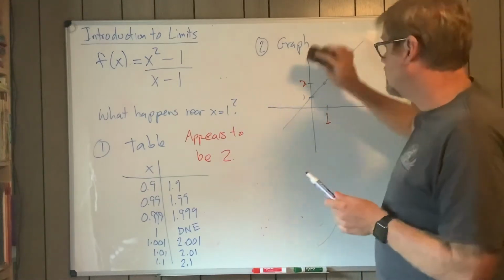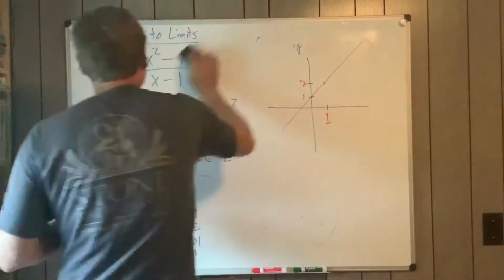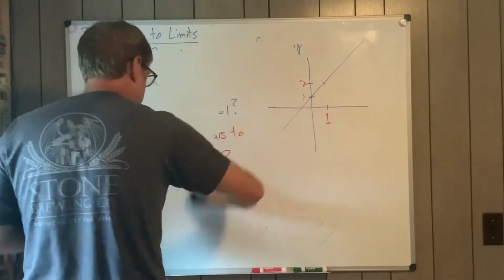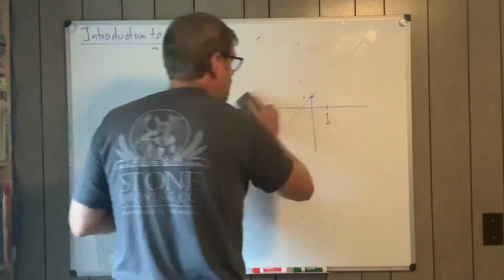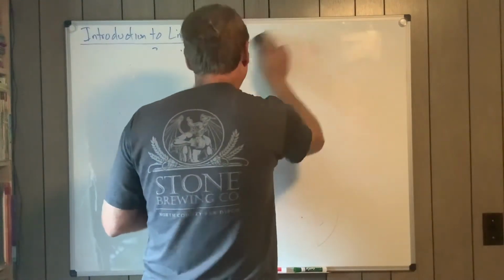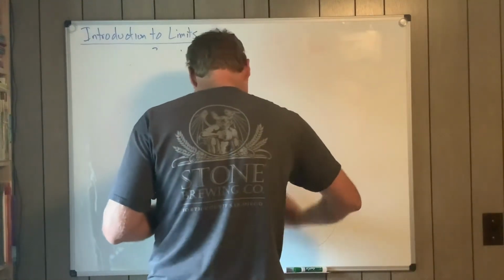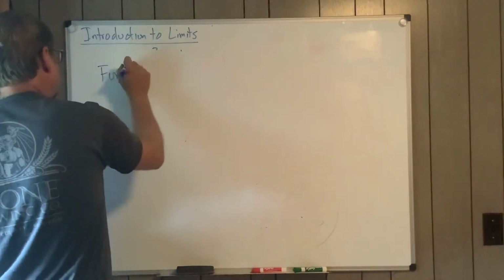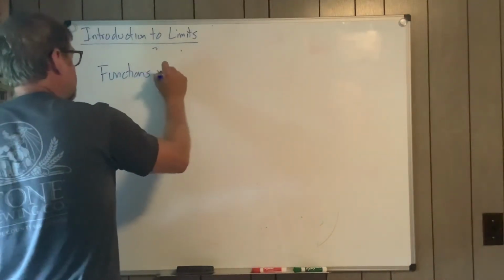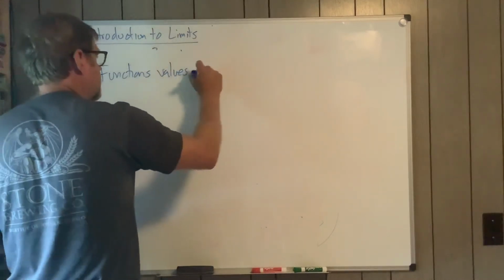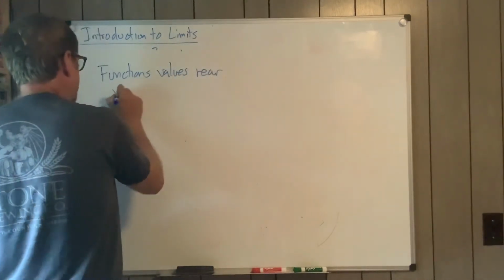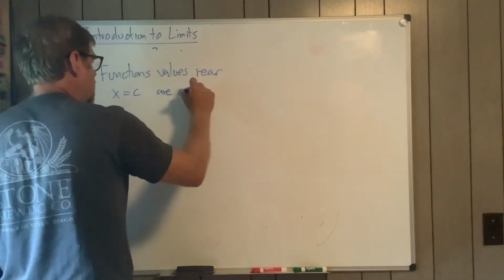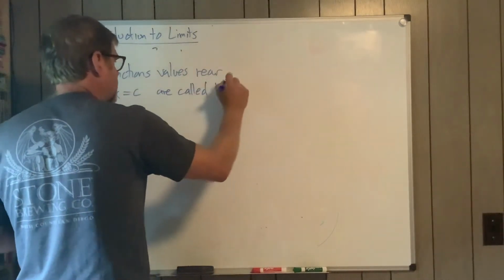All right, now we're going to have a little bit more technical way of talking about this. Function values near x equals c are called limits.